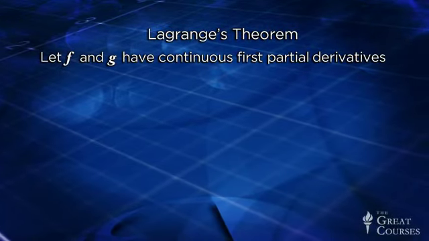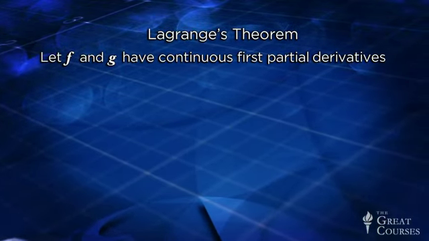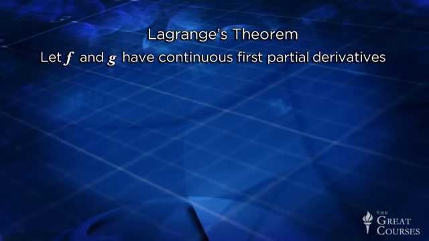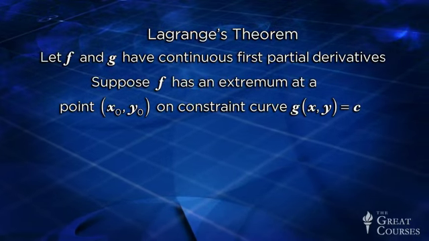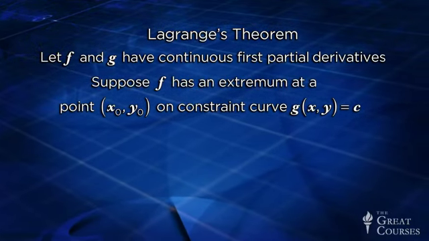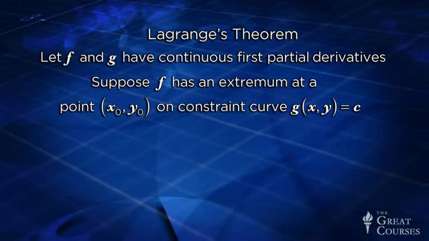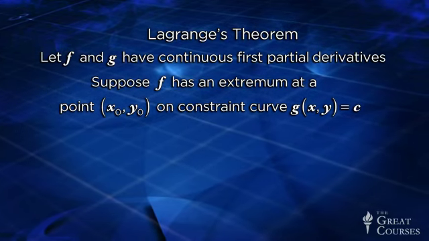Well, what about these Lagrange multipliers? Let me step back a bit and remind you how they work. We're given some function f and some function g having continuous first partial derivatives. As I said many times, nice functions. And we suppose f has a maximum or a minimum, in other words, an extremum, at a point x0, y0. And suppose that extremum lies on a constraint curve, g of xy equals c.